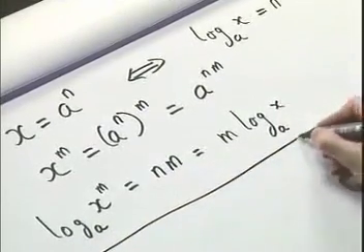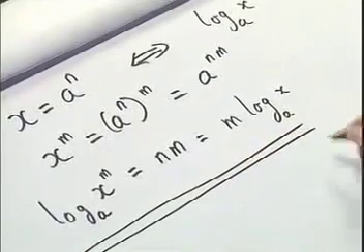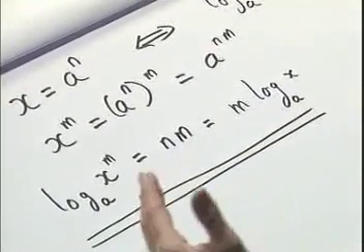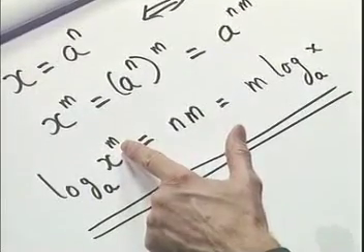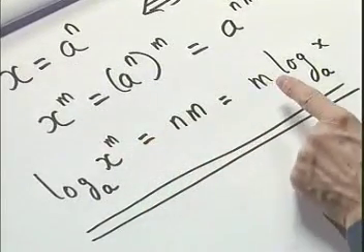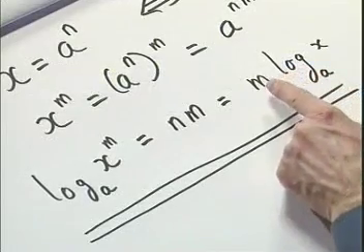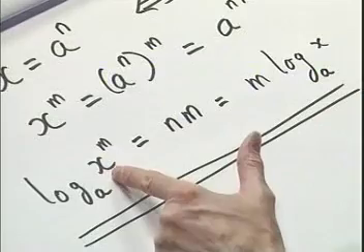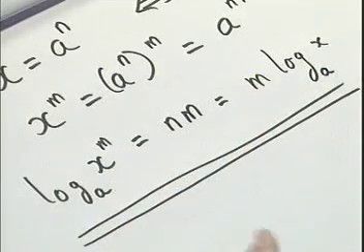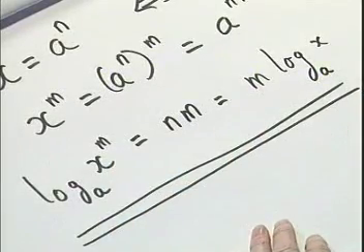And there we have our second law of logarithms, that if we want to raise a number to a given power, then we can do that by taking the log and multiplying that log by m. That will give us the log of the number to the given power, and then we can look it up in reverse. So that's our second law of logarithms.